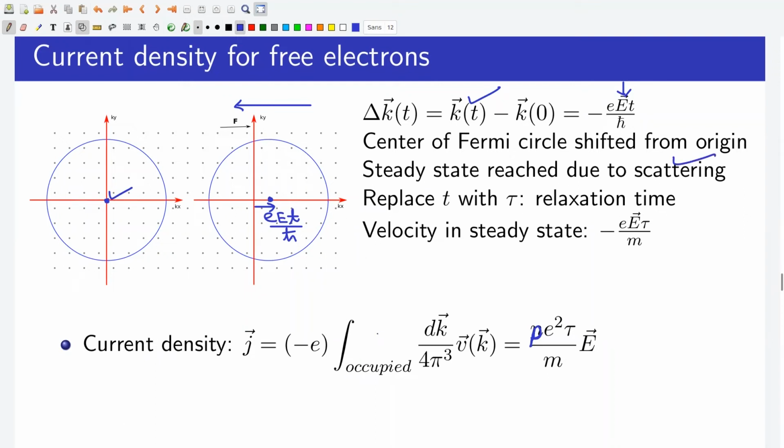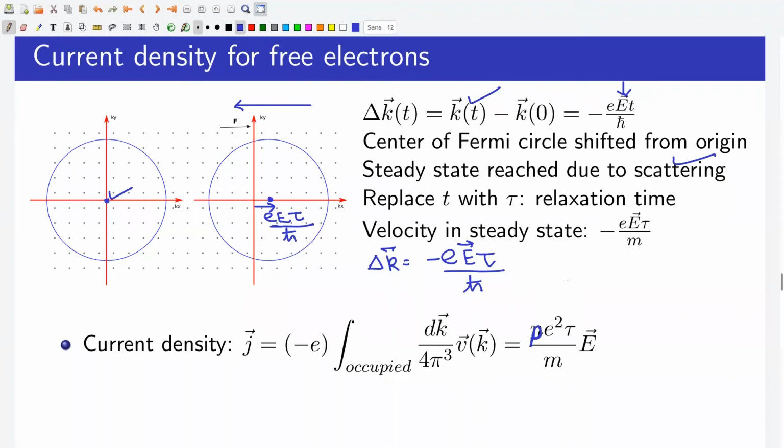Thus, we replace t with a constant tau, which is also known as the relaxation time. Thus, in the steady state, delta k is equal to minus e times electric field times tau divided by h bar.